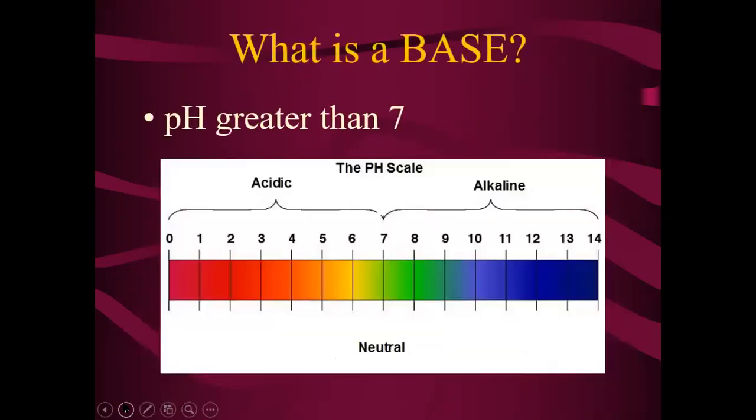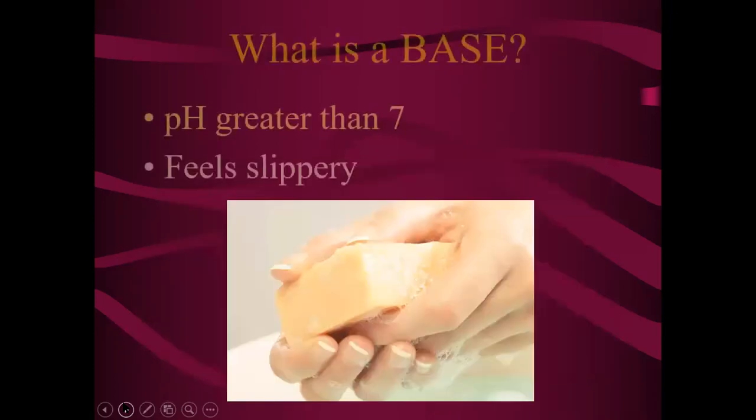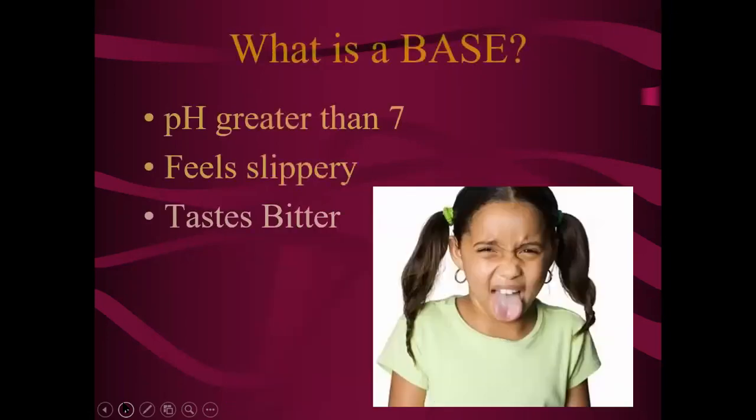What is a base? A base is a substance with pH greater than 7. So once a substance has a pH greater than 7, then it is a base. A base usually feels slippery. So like your soap, whenever you're rubbing your soap on your hand, you realize it has a slippery feeling. So therefore, that's a base.